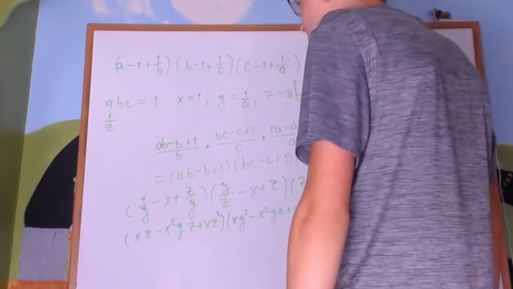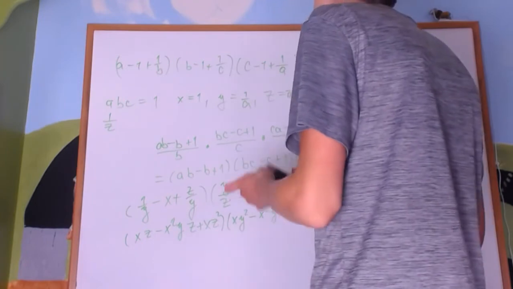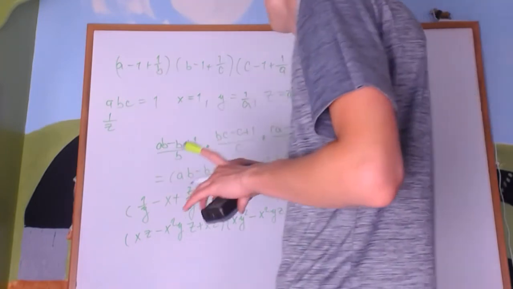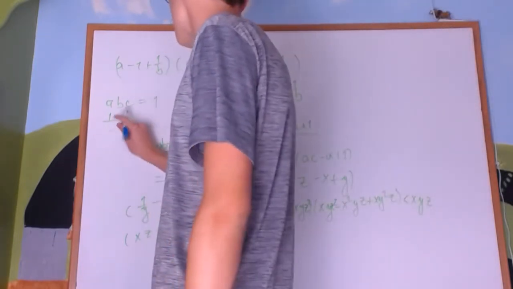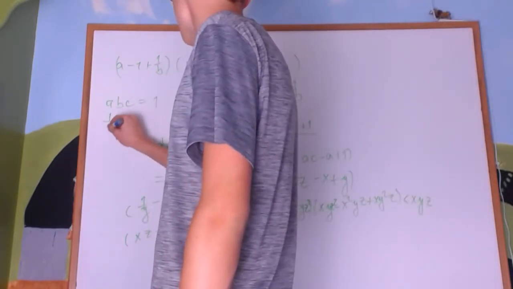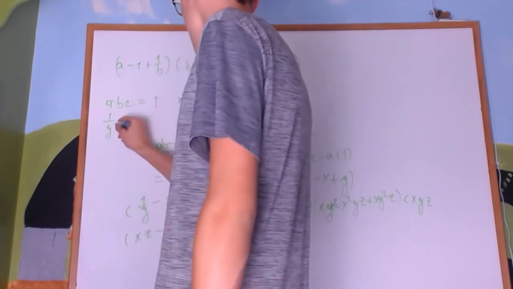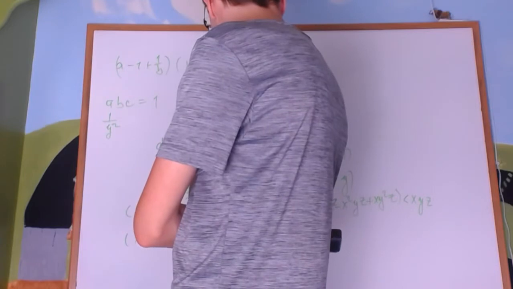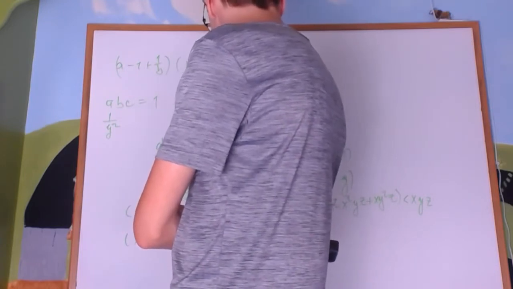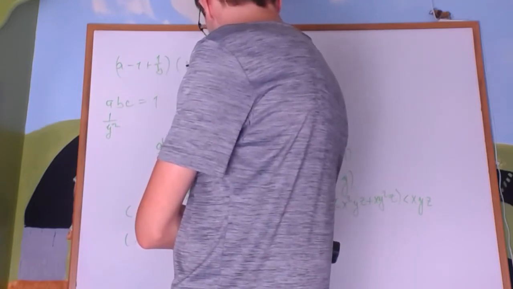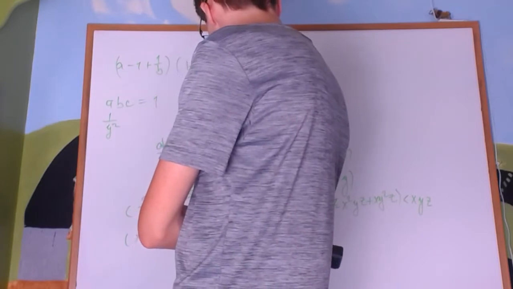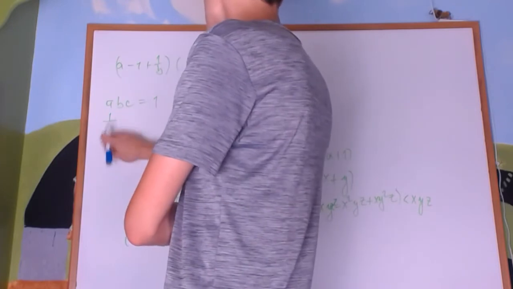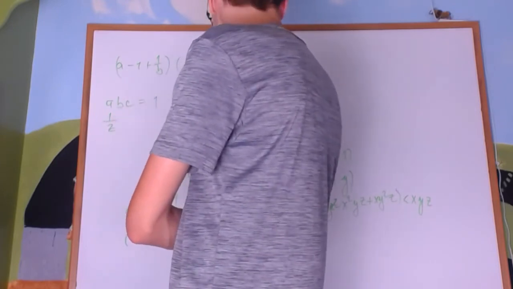What? It's 1 over y, to create 1 over y squared is a. Sorry, 1 over z is ab. Yeah, no.